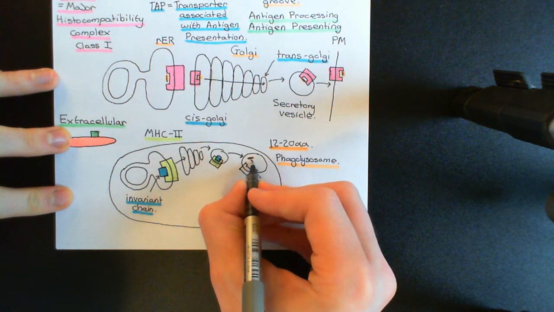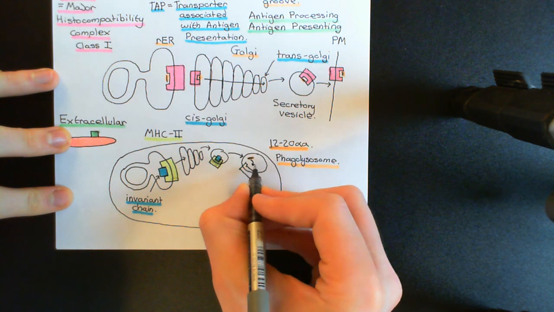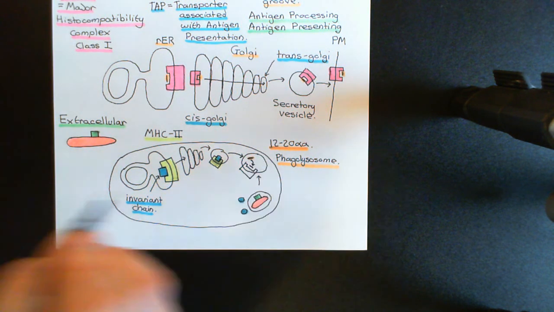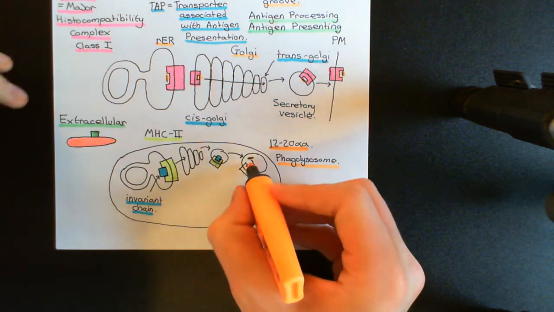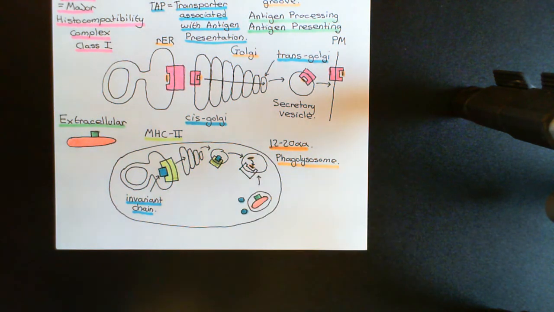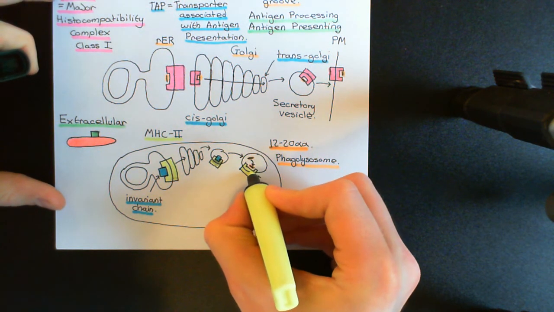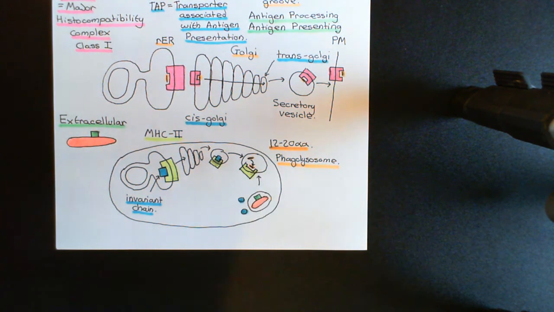What will then replace the invariant chain is one of these fragments from the antigens of the pathogen, and this is the fragment that we're following, so we'll have this one sitting now in that peptide binding groove of MHC class 2. So now here in yellow, here's the MHC class 2. So that's the way that we get these antigen fragments from our pathogen actually loaded onto major histocompatibility class 2 complexes when we're dealing with an extracellular pathogen.